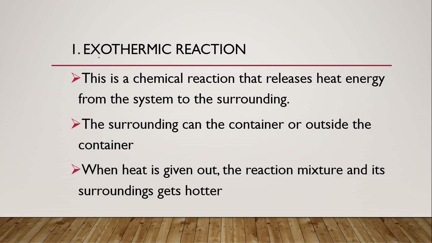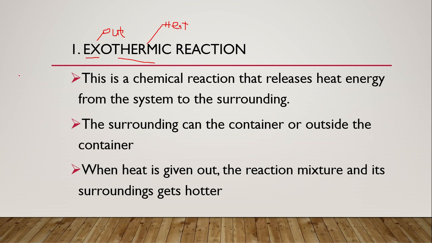We have the word exo here and here thermal. So remember, exo means out, and thermo means heat. So when talking of exothermic reaction, we're talking of the heat that is being given out.